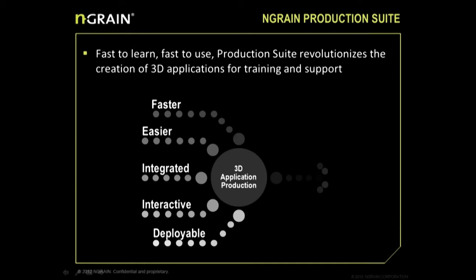It's a one-stop shop, so integrated. You're going to see this in the demonstration, that the 3KO technology of NGRAIN not only allows you to have a model and animate it, but to integrate it into applications, interact with the model on the fly, and more importantly, the file sizes that you're going to see, and I'll demonstrate that later, are highly deployable.